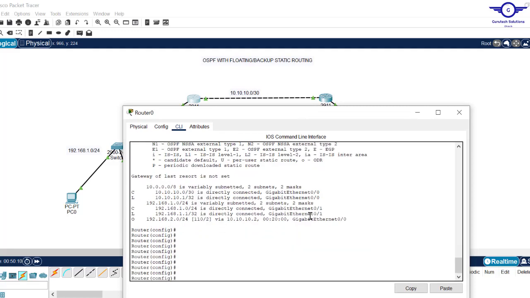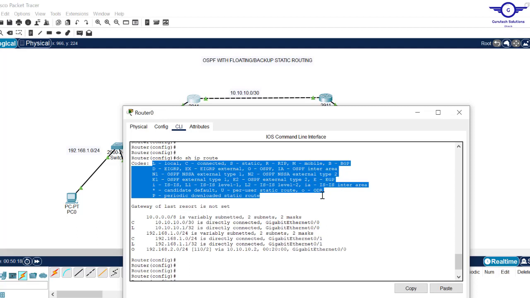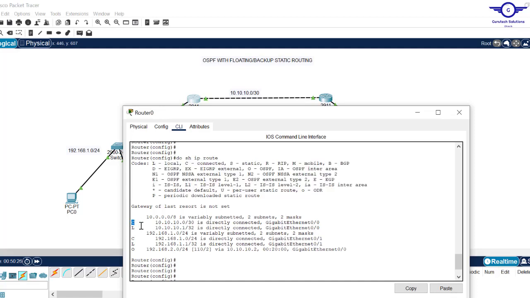Okay. So when I say do show ip route to show the routing table, you can see these are just initials telling you which letter represents which routing protocol. For example, C represents directly connected, L represents local, and O is OSPF.